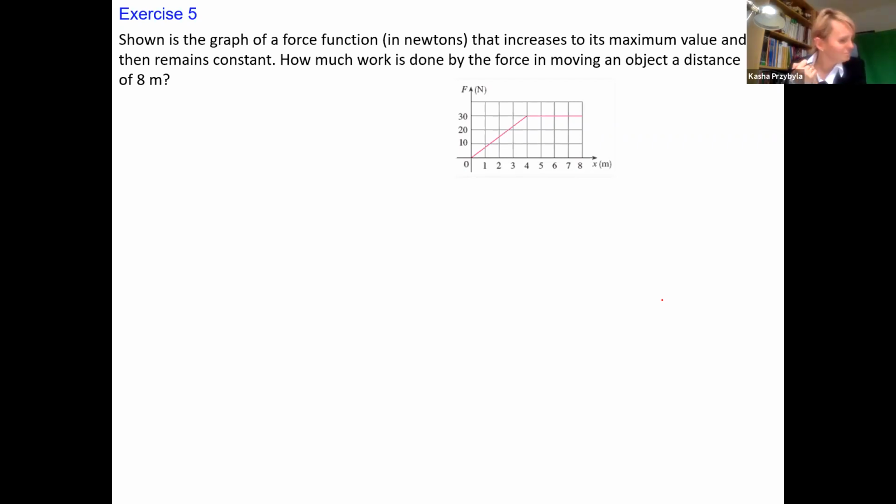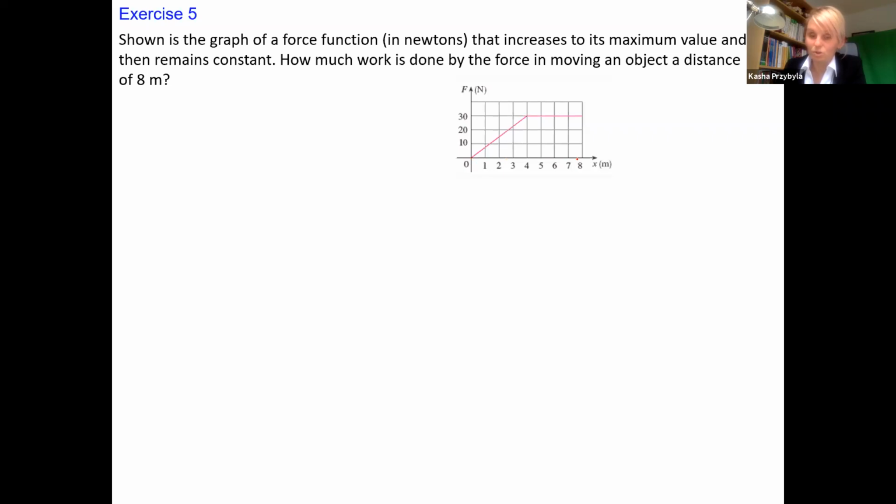Shown is the graph of the force function in newtons that increases to its maximum value and then remains constant. They just explain this curve. Increases and then constant. How much work is done by the force in moving an object a distance of 8 meters?